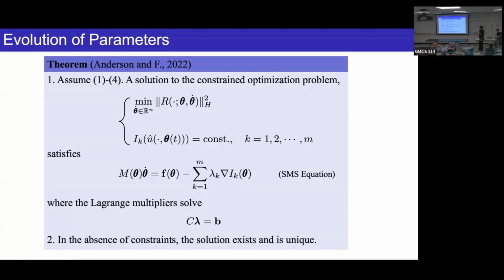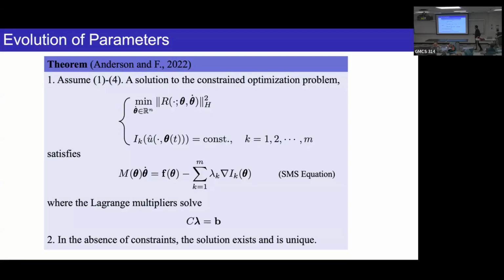But you can get around that by just looking at a richer model, which has more parameters in there, and rectify that problem. If your PDE doesn't have conserved quantities that you care about and you want to enforce, so that you don't have this constraint, this term goes out, you just end up with this equation. And in that case, the unconstrained problem always has a solution, and the solution is unique. You can prove that.